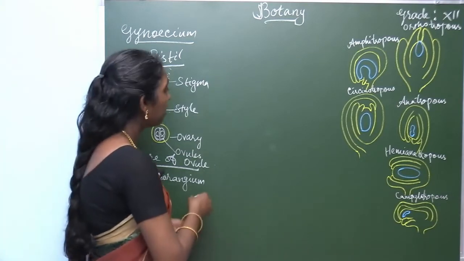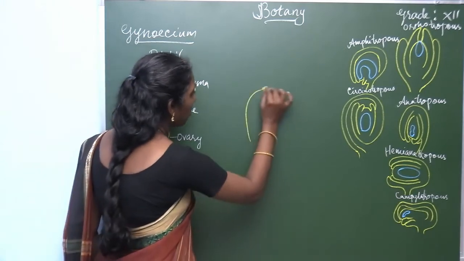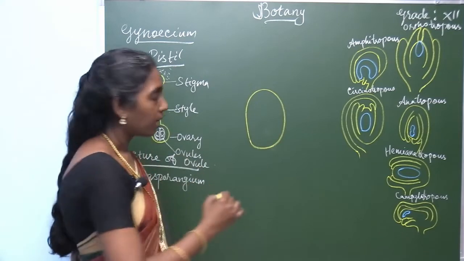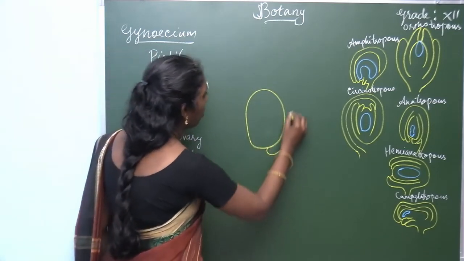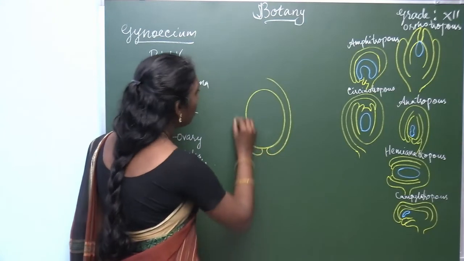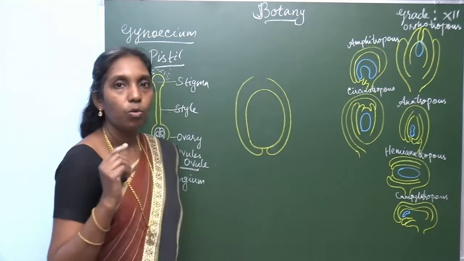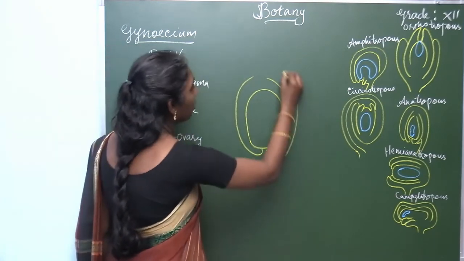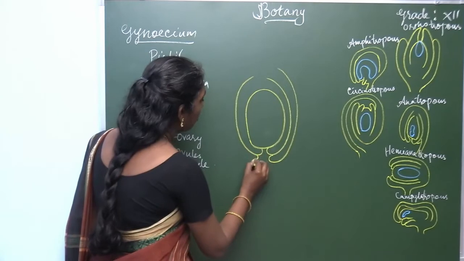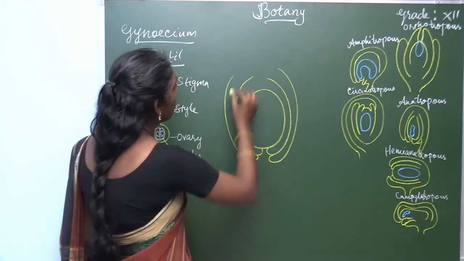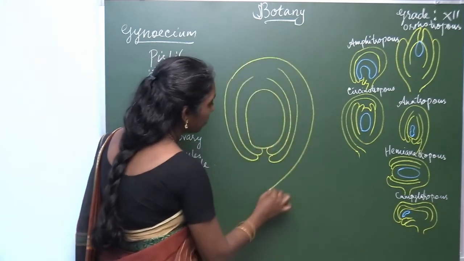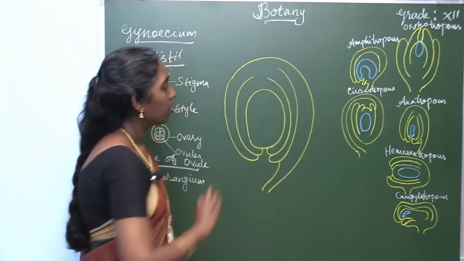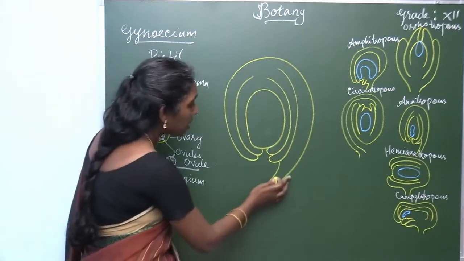The body is covered with an envelope called integuments. There is either one integument or two integuments, and the integuments completely cover the body.